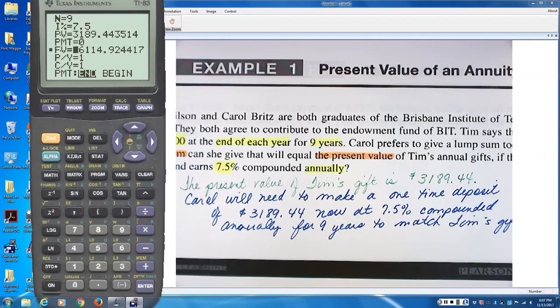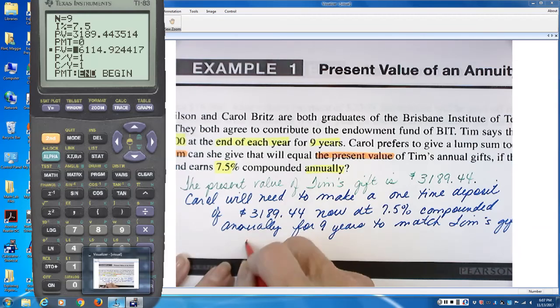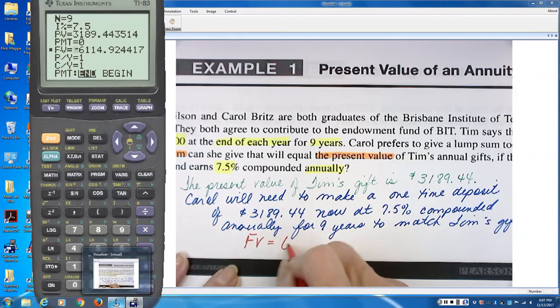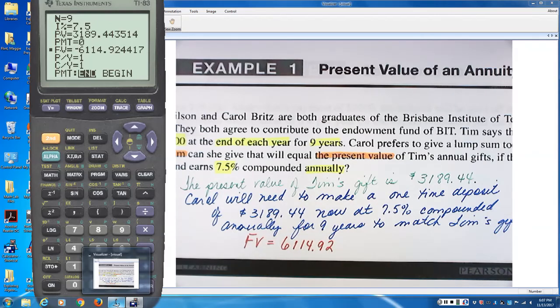So her future value is $6,114.92, assuming that she has the same interest rate and compounding periods. Whereas Tim's gift, without worrying about his present value, should give us the same amount.